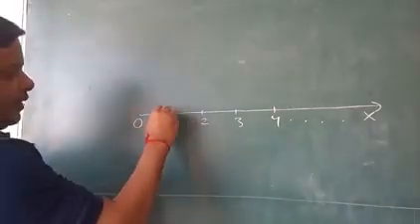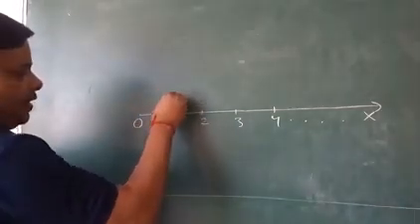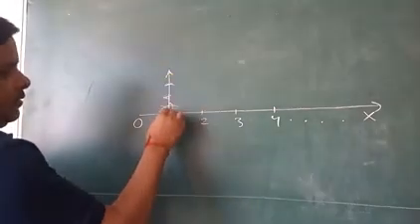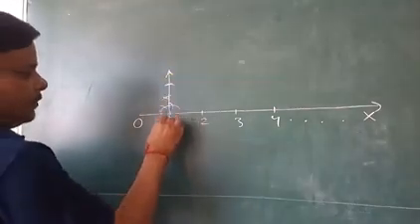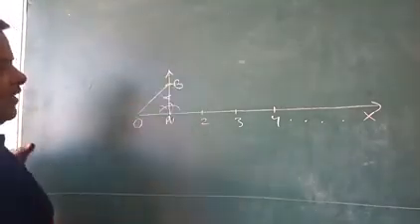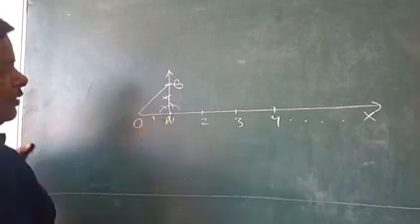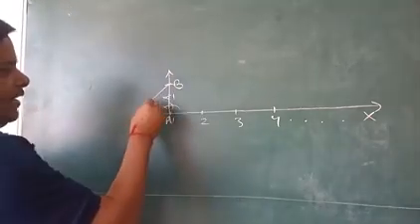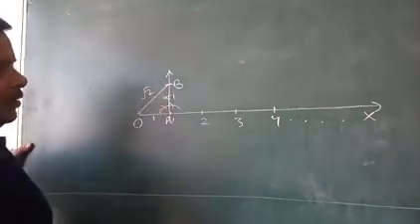Now at point 1 we will draw a perpendicular of 1 unit distance, that is AB. Now join OB. If OA is 1 unit and AB is 1 unit, then by Pythagoras we can find OB equal to root 2.